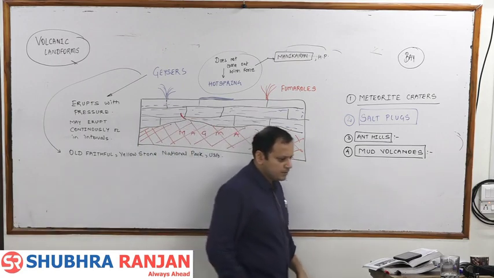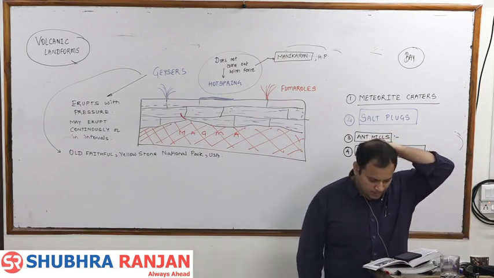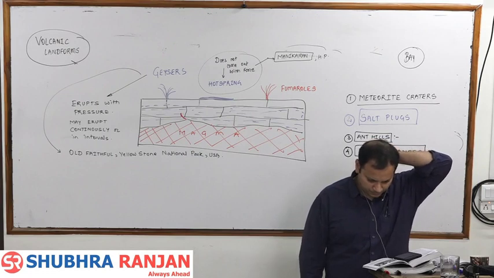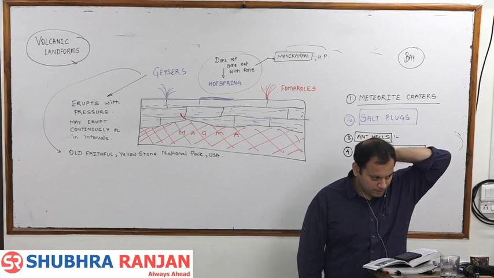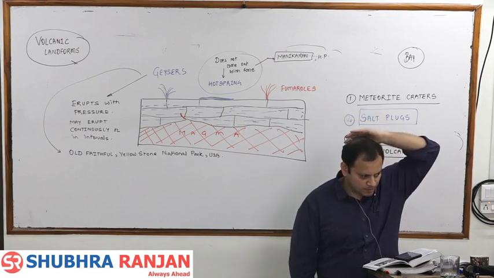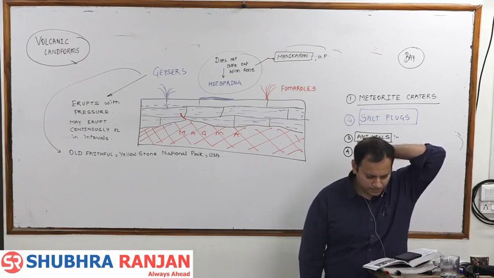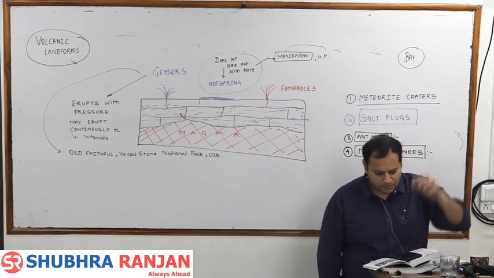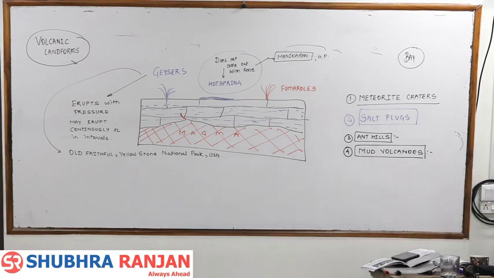So the mud volcanoes occur when hot volcanic water erodes the rocks, breaking down the rocks into tiny particles similar to mud.